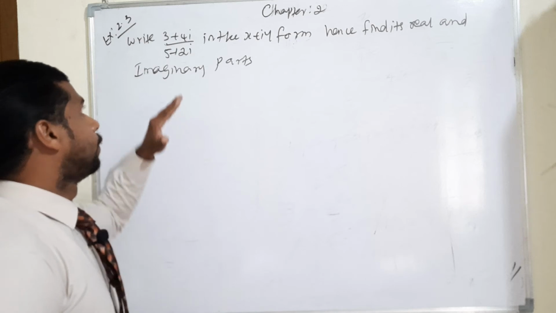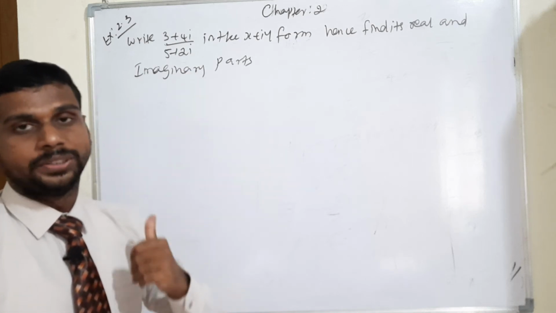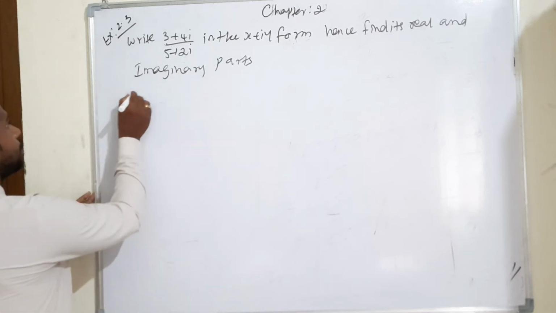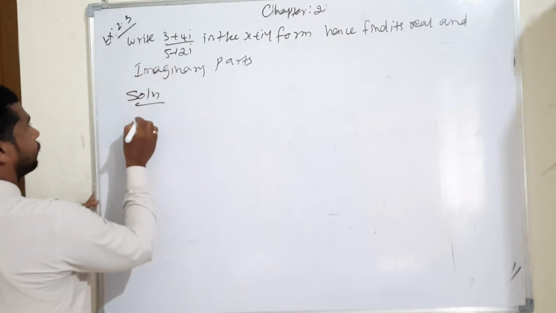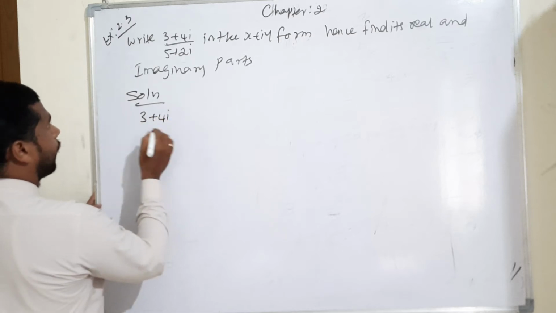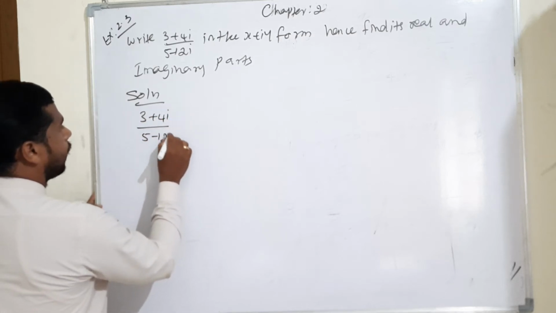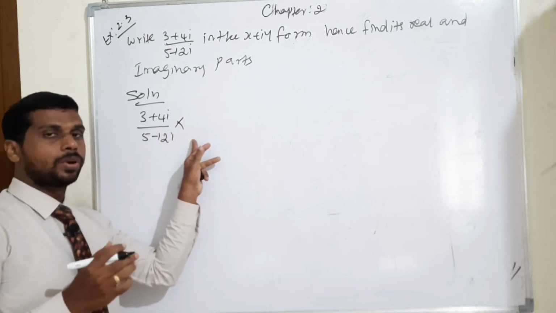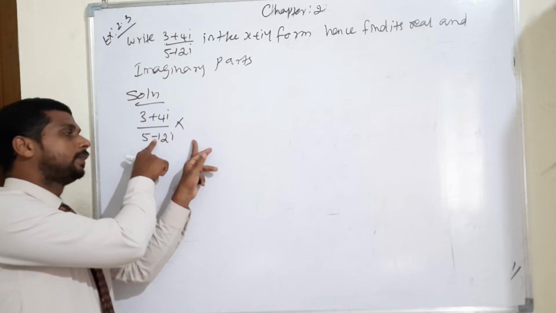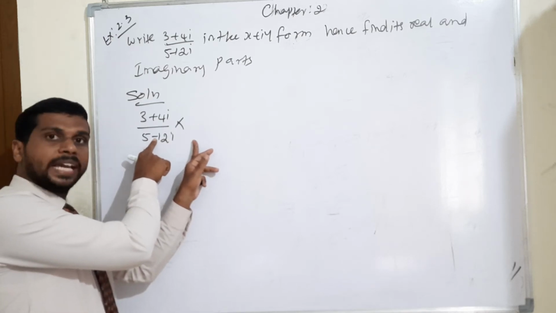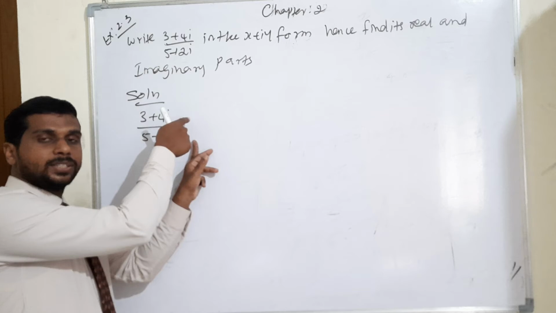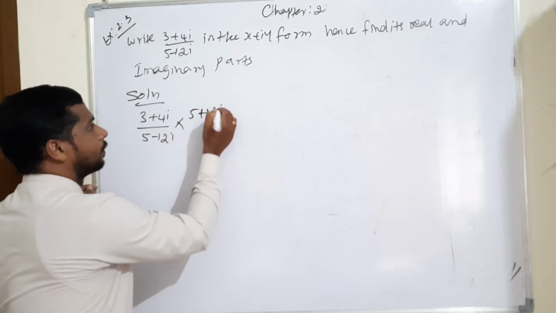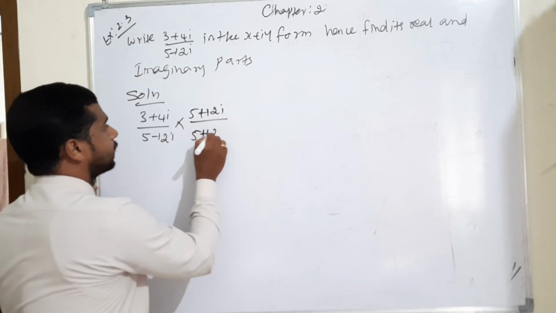So the first step is to apply the conjugate, and then we will get the real and imaginary terms clearly. Solution: for 3 plus 4i divided by 5 minus 12i, we apply the opposite sign of the imaginary part. The denominator has a negative sign, so we multiply both sides by 5 plus 12i, that is 5 plus 12i divided by 5 plus 12i.